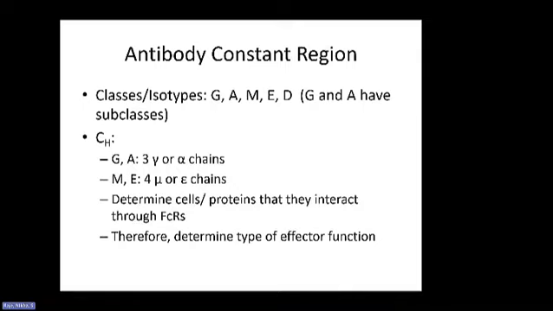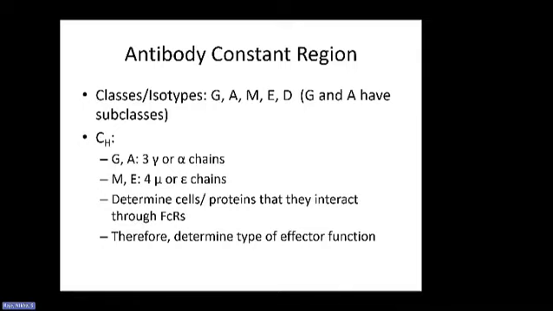That IgG can interact with a macrophage by binding the Fc region of the antibody to the Fc receptor gamma on the macrophage. Or if it's a virus, that IgG using its Fc region can bind to the NK cell, so to the CD16 on the NK cell, so that it can give rise to antibody-dependent cytotoxicity.